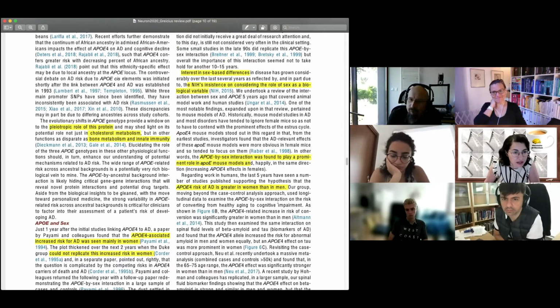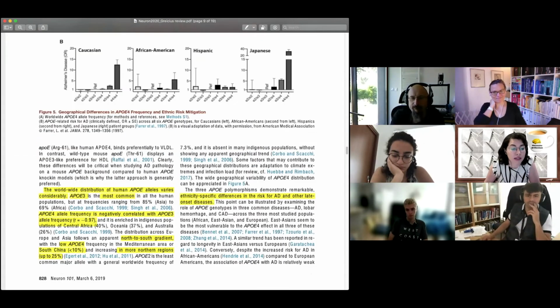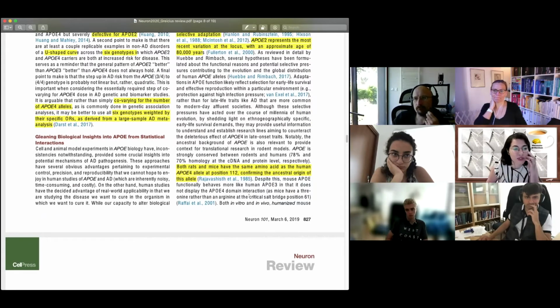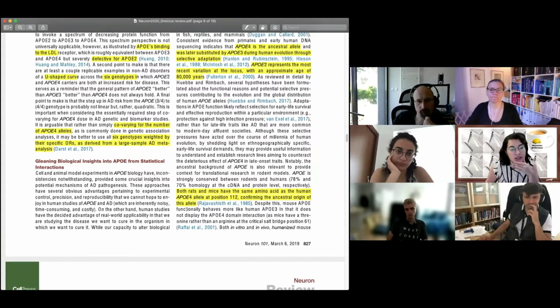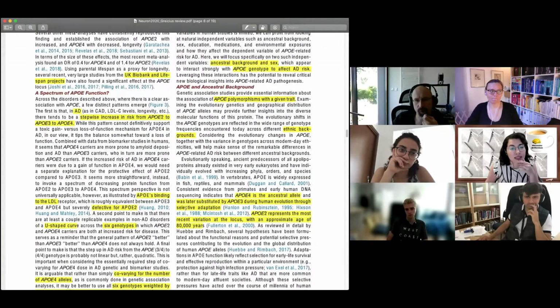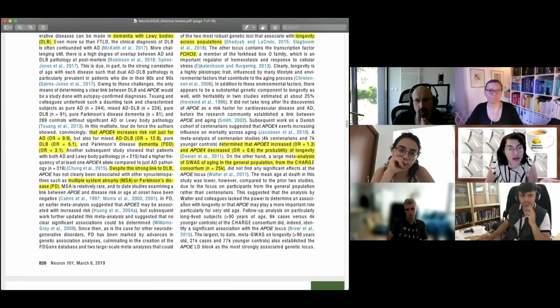Maybe there are... yes, it's a really extensive review that gave you a full view of the study of APOE4 presence in Alzheimer's, in neurodegenerative disease, but also in other diseases.